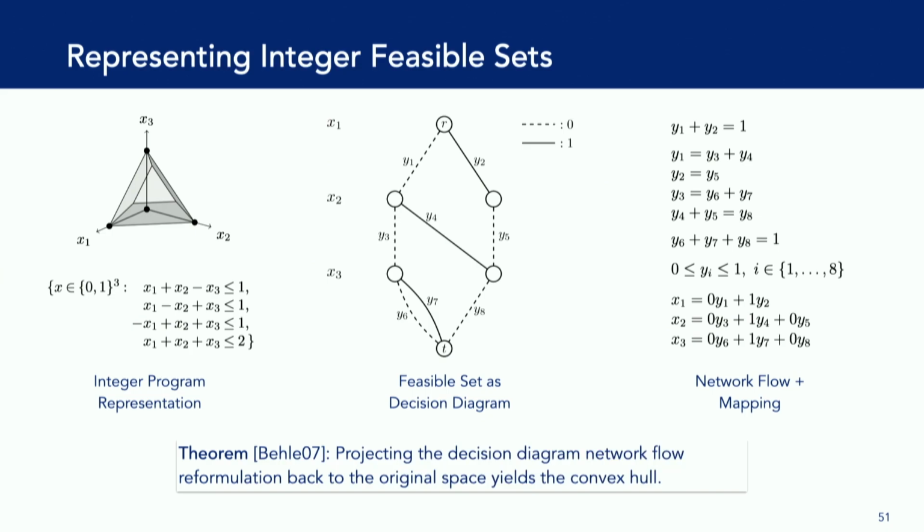And what is really nice, here I have a linear set of constraints. But the decision diagram doesn't care about linearity. It just cares about an integer set. If those constraints were quadratic or any other nonlinear form, or even a black box type of constraint that just gives you a feasible point, I can still build the decision diagram. And I can still do the conversion, and I can still map it back and get the convex hull.